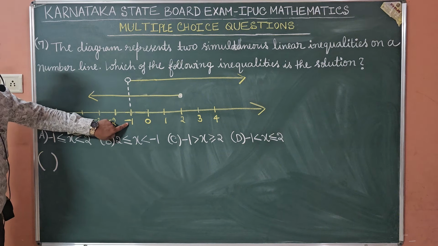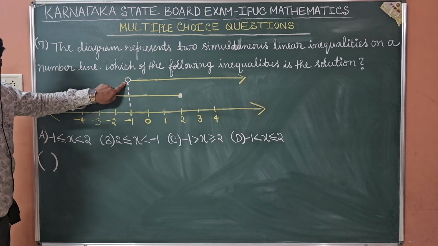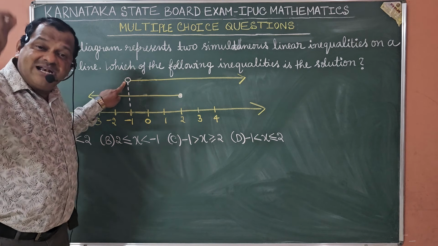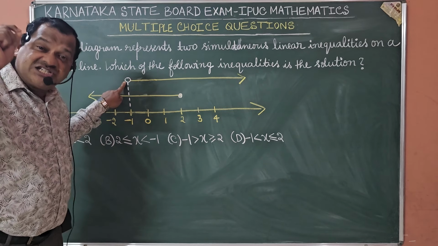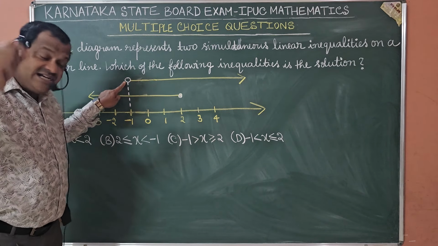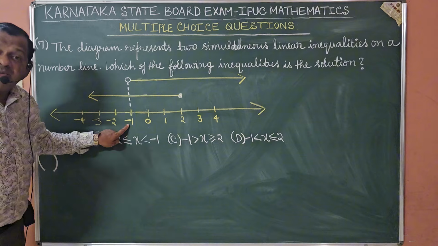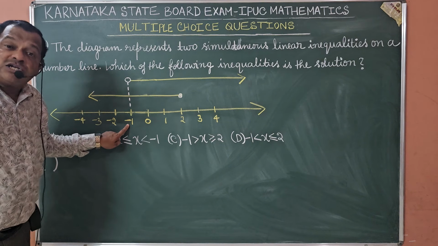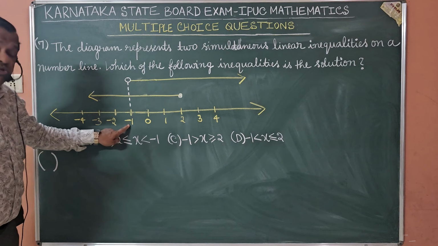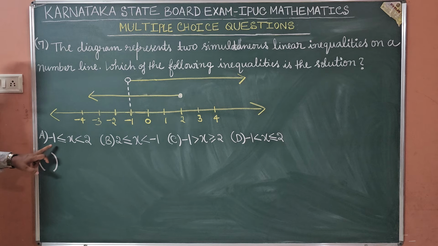Wherever a bubble is written, not thick shaded, a small circle, that number minus 1 is not included. Therefore, check which option has minus 1 not included. See, in option A minus 1 is included. Therefore, option A is not correct.